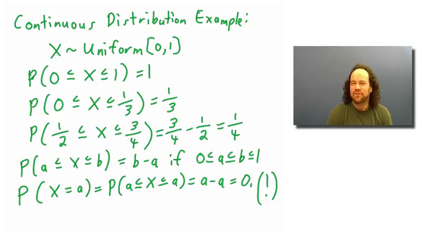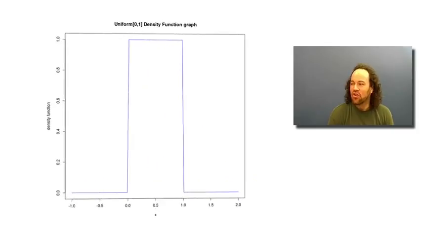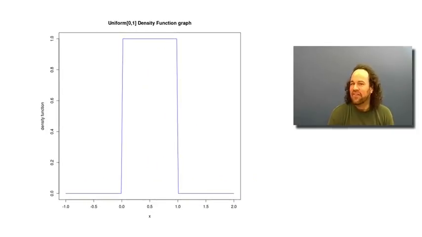This is a little bit confusing, and we've learned that it's best to think about a continuous distribution like this, not by keeping track of all the individual probabilities, but by thinking of it as the area underneath a graph of a function. This function is called the density function.